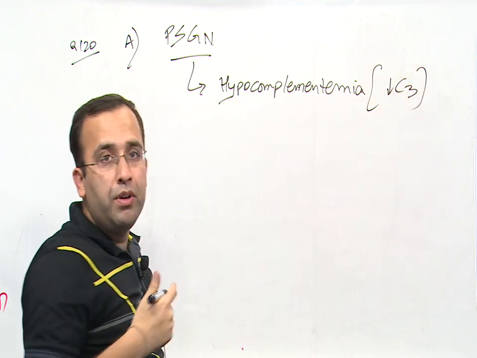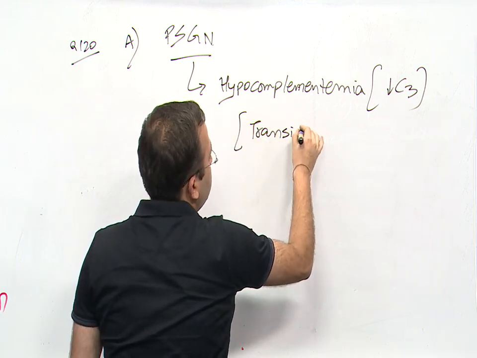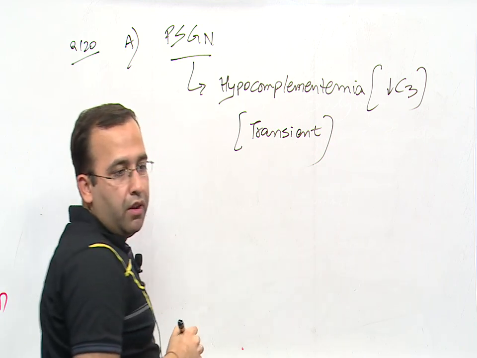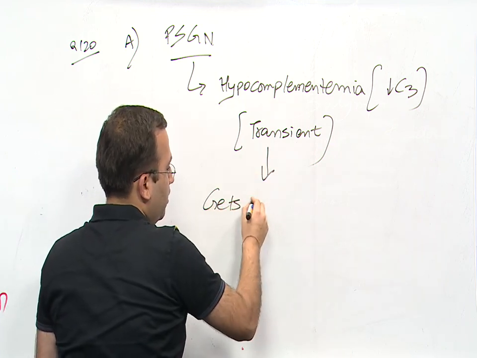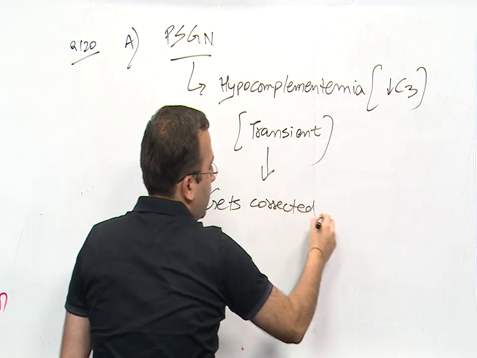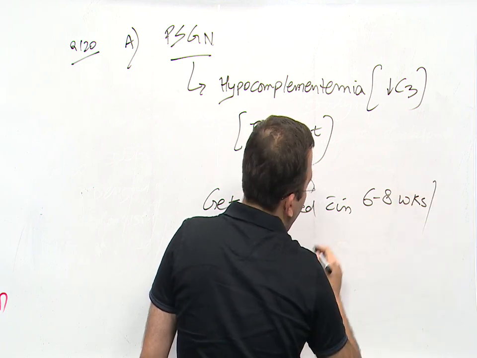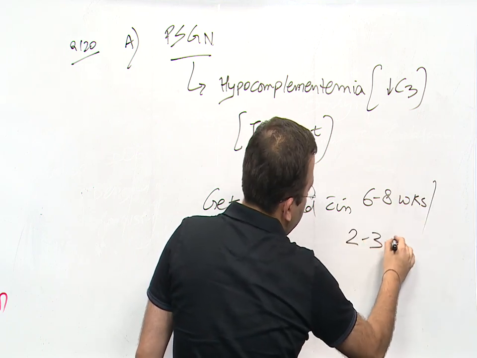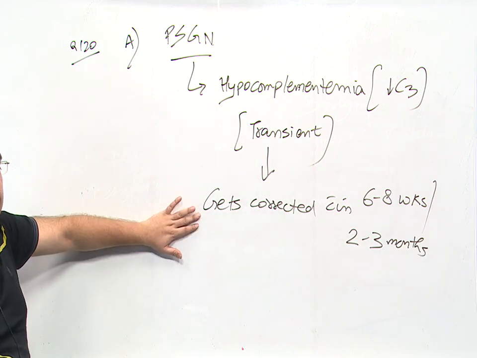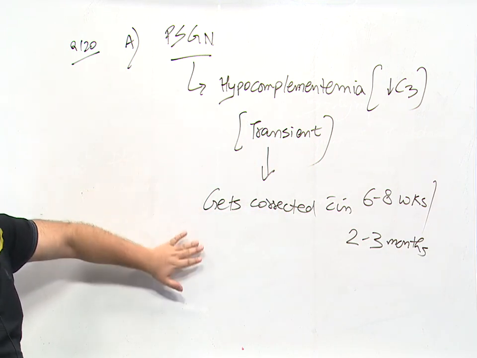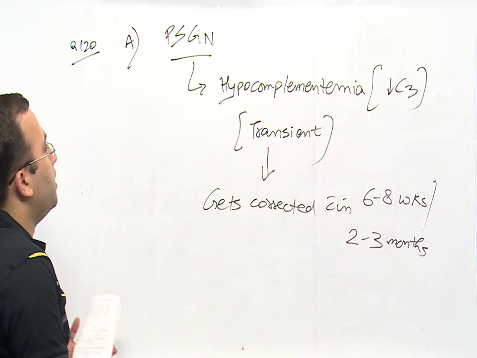But the point to be noted here is this hypocomplementemia is transient in nature and gets corrected within 6 to 8 weeks or 2 to 3 months.